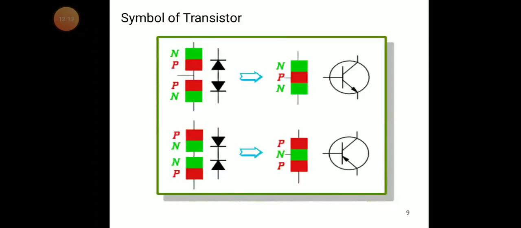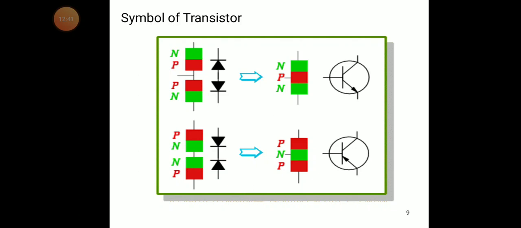Now we try to see the transistor symbol, how it is. First we take the reverse back-to-back connection, NP and PN. What happened? We are getting the NPN. If we directly connect PN, we get the PNP transistor. You can see these diagrams, and you can also draw the NPN transistor and PNP transistor.